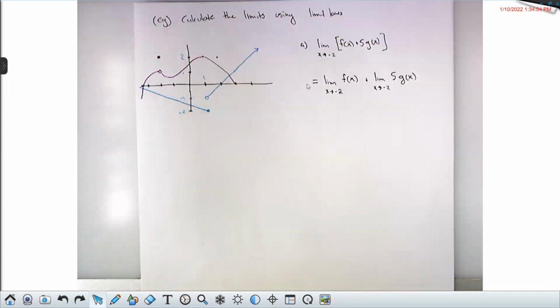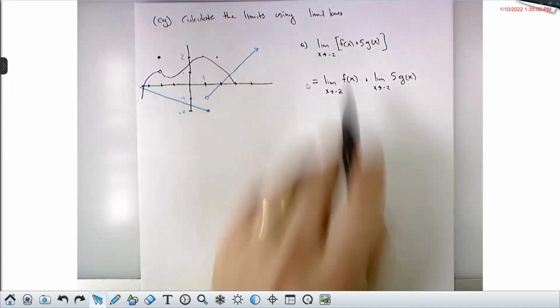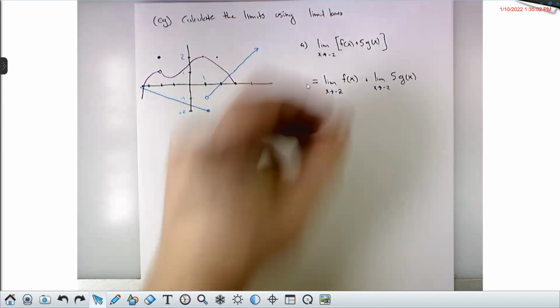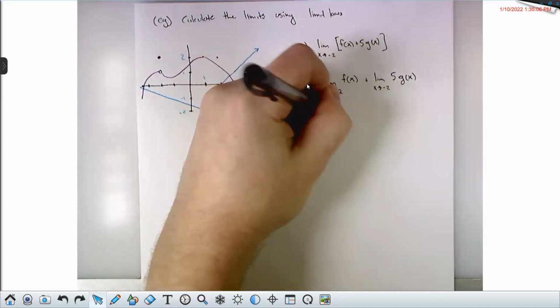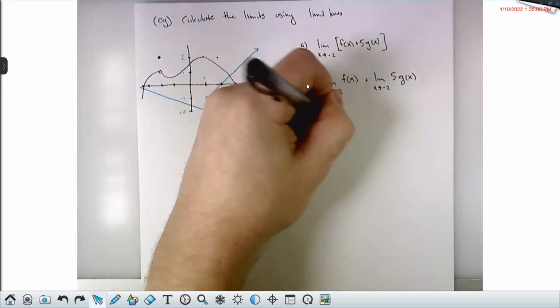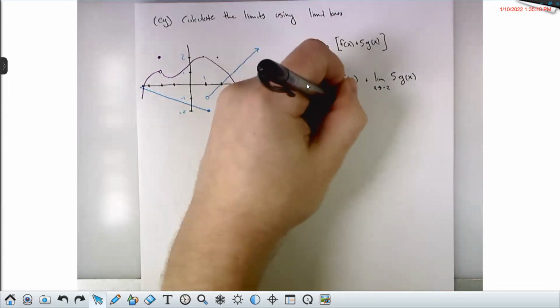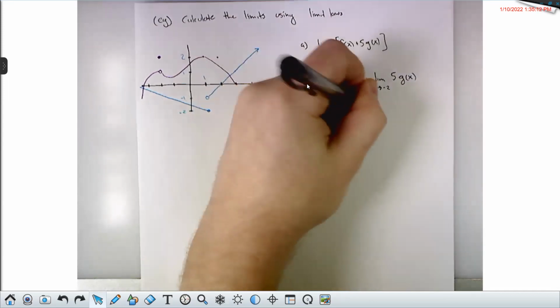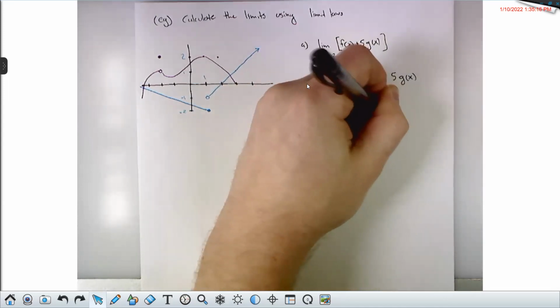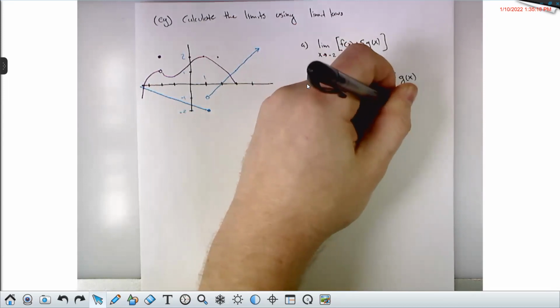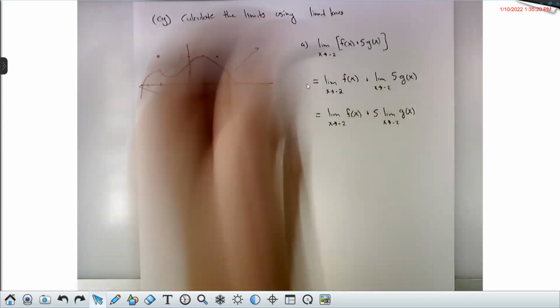That's using the second limit law, splitting up the addition. And then the first limit law can be applied to this second piece. Leave the first piece alone: the limit as x goes to -2 of f of x plus 5 times the limit as x goes to -2 of g of x.